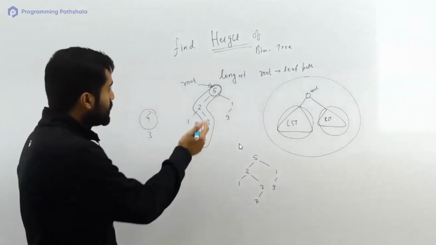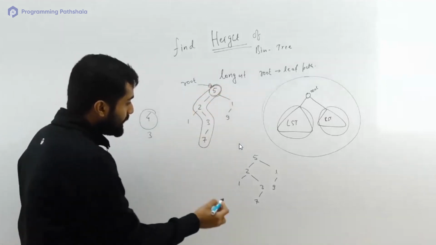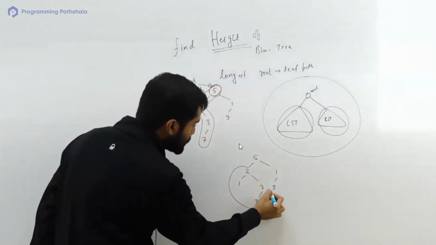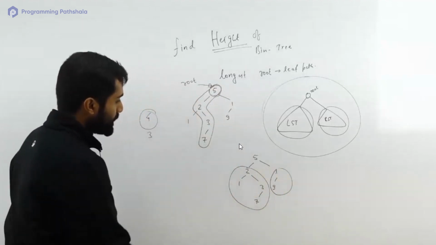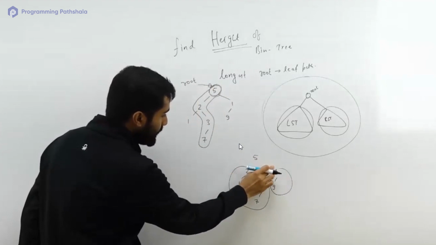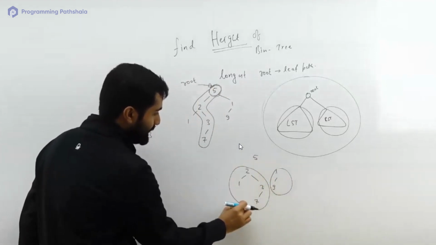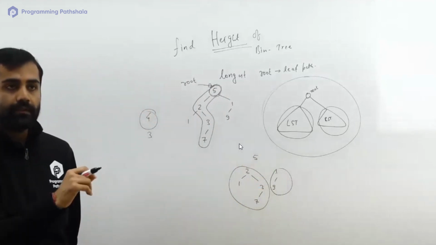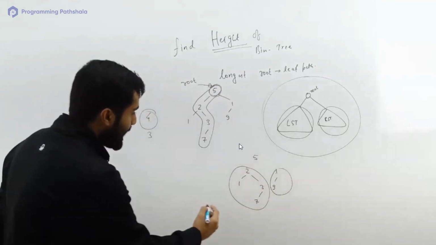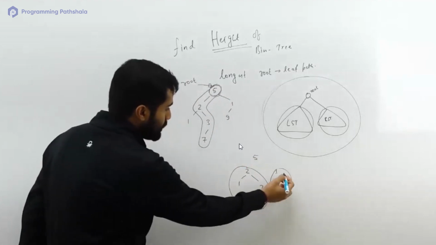Now, on top of that, either the height of this will be taken into account or the height of this will be taken into account. If you look at this as a separate entity, can you tell me the height of this left subtree? It has a height of 3 units. And what is the height of this?